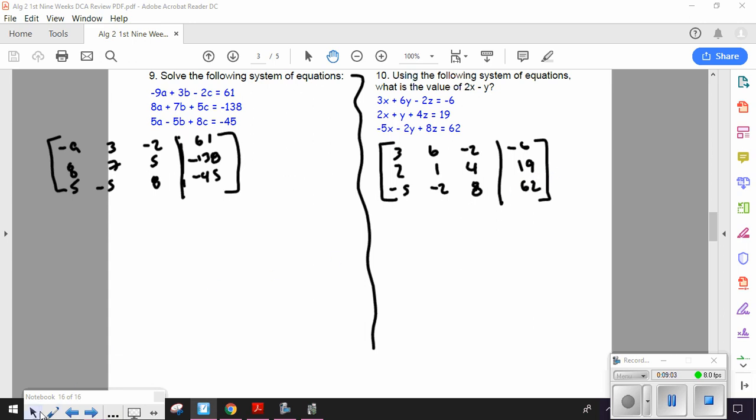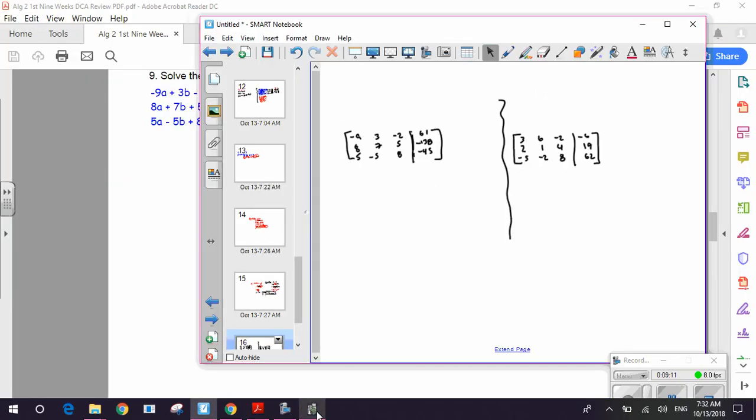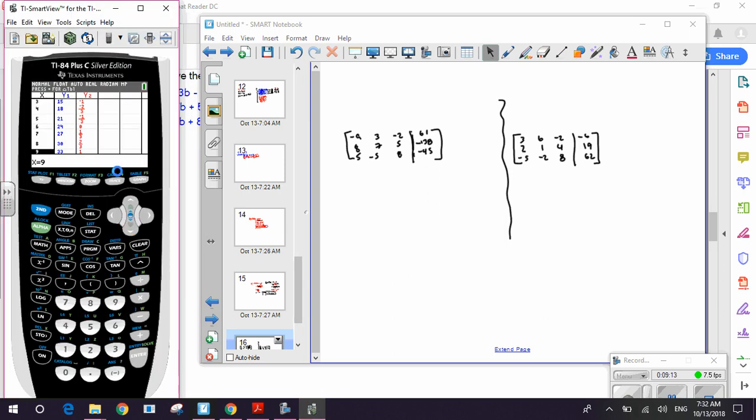Now we can grab our calculator. Second quit will take you back to the basic calculator screen. Don't hit reset all the time, folks. Trust me. So now to get RREF, I hit second matrix, math, alpha, apps.